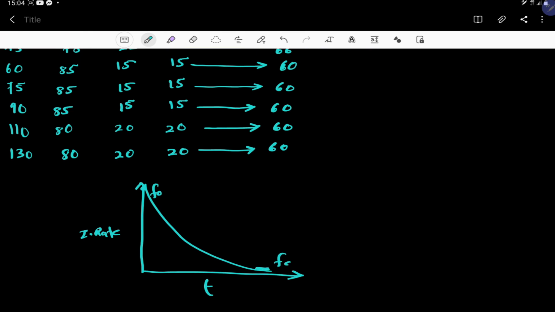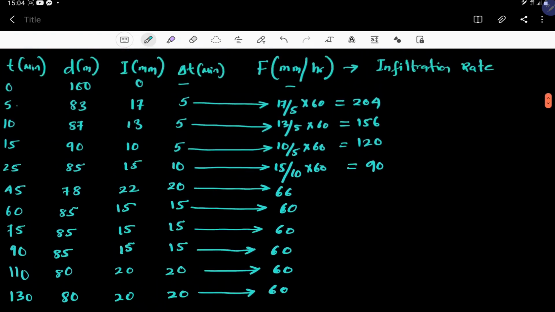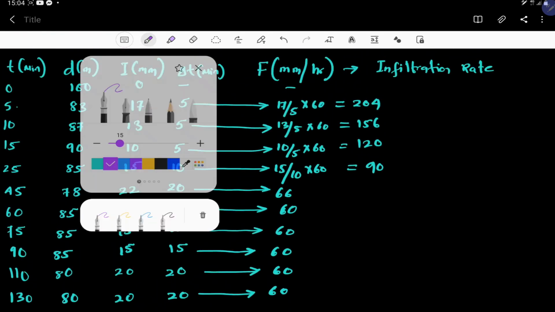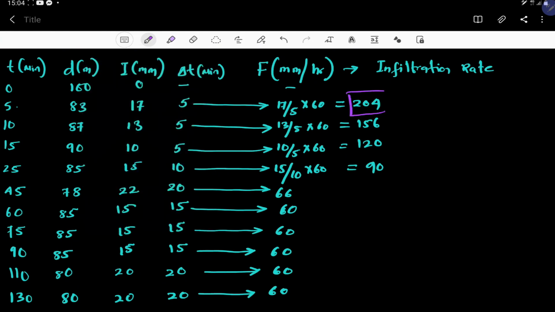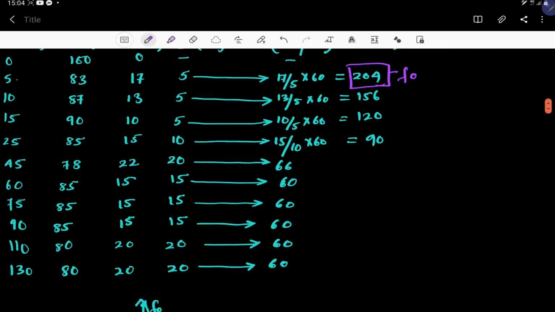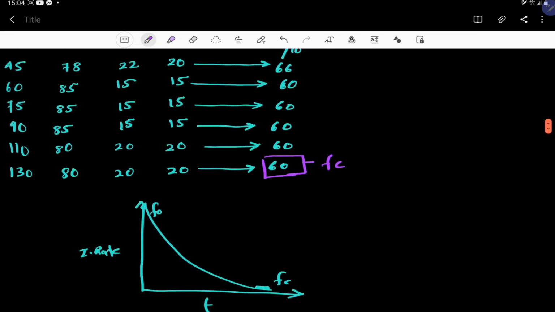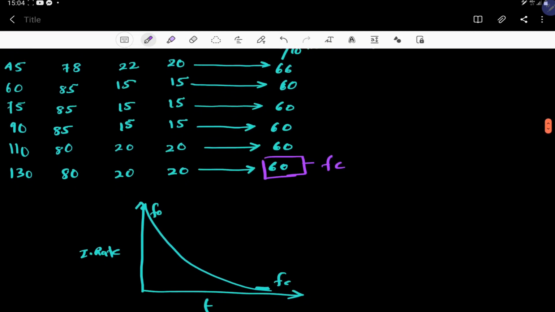So from this table we can know that this value is our f naught and this value is our fc. So now we have got the values for f naught and fc.